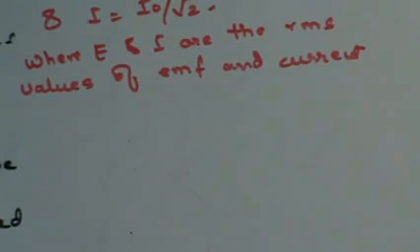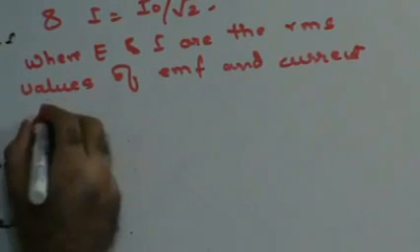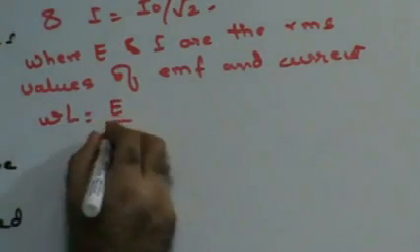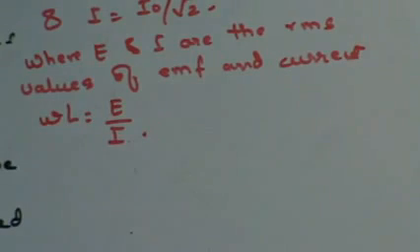Now, if omega L is E upon I, let's apply Ohm's law to this. That means omega L is the effective resistance that the coil is going to offer to the current flowing through it.